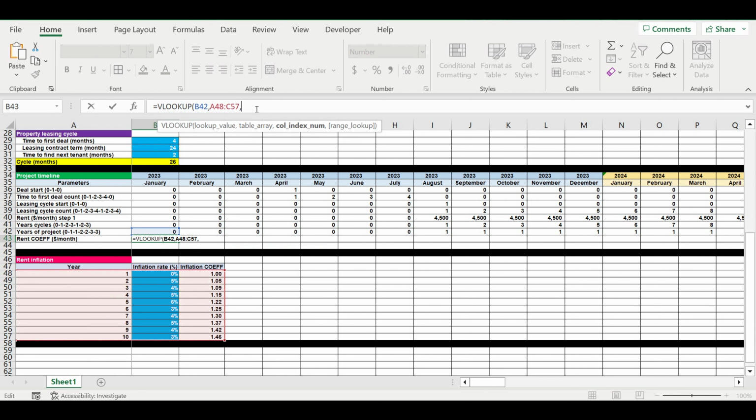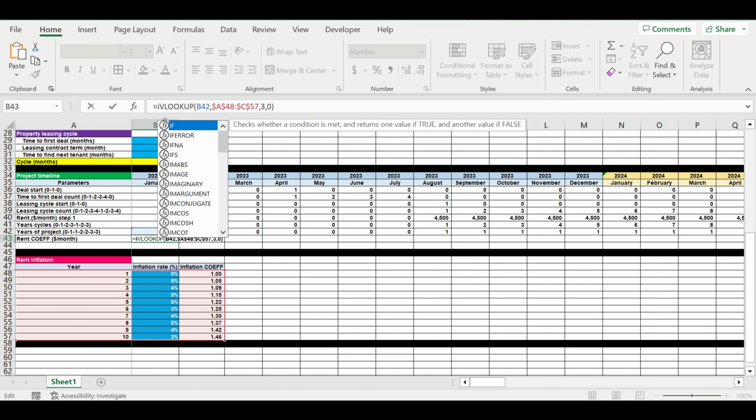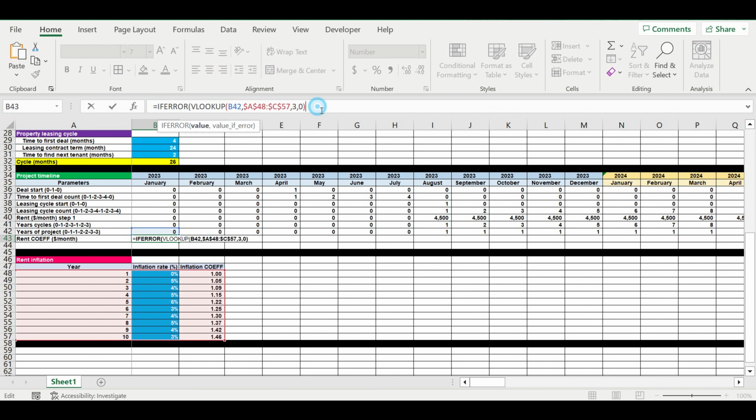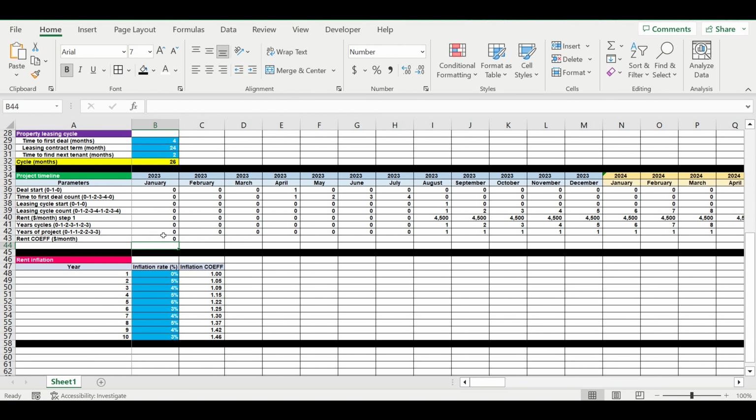I will need the third column, exact match. I will need to freeze this table. Then if error, we will put here 0.